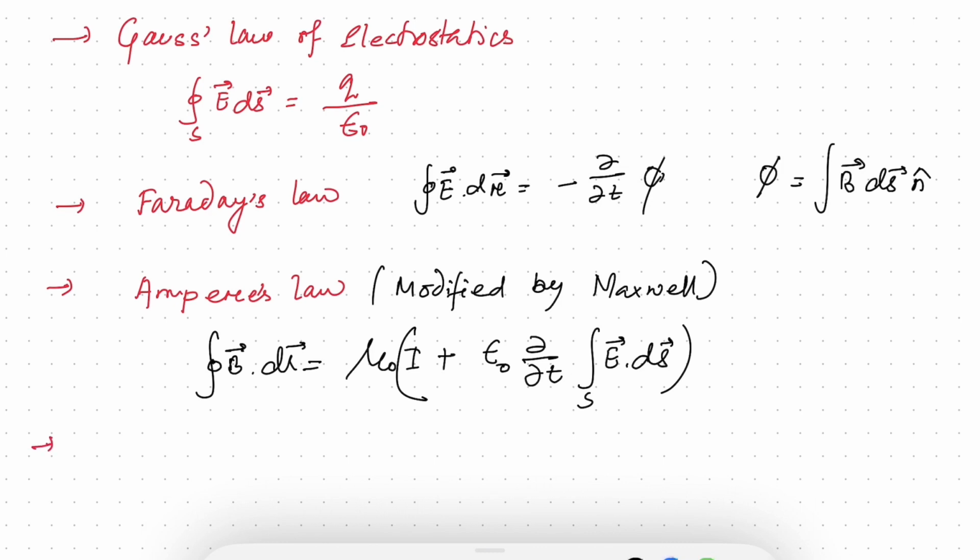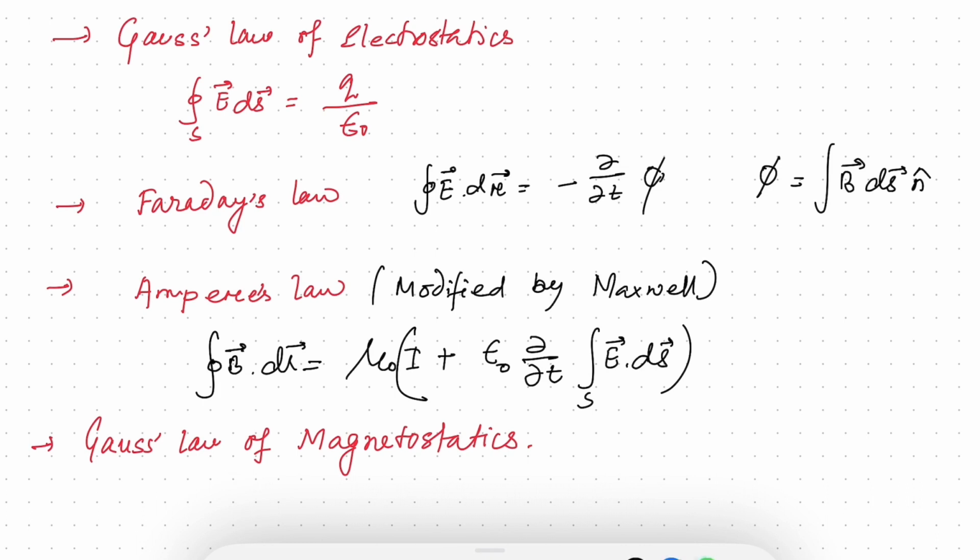Then also we have Gauss law of magnetic fields, right? Gauss law of magnetostatics, you can say. So these are the four equations.